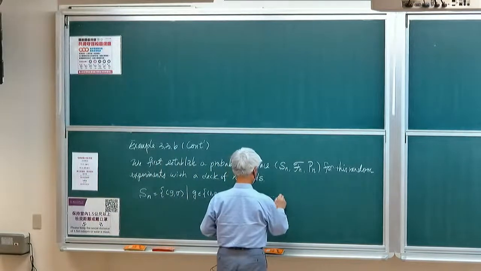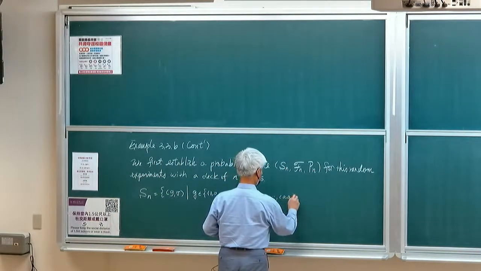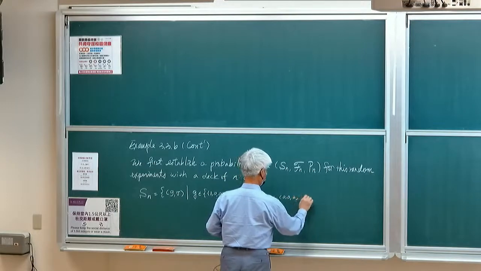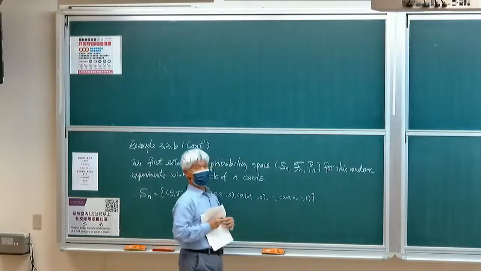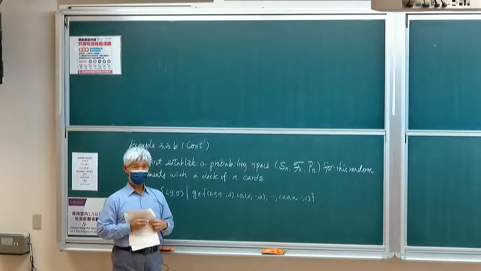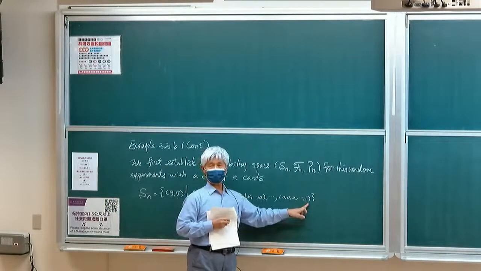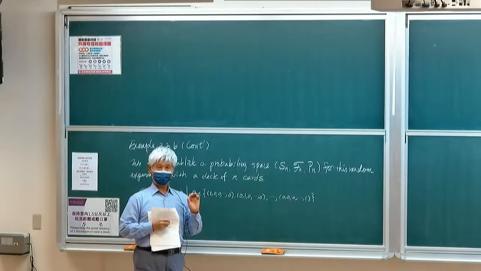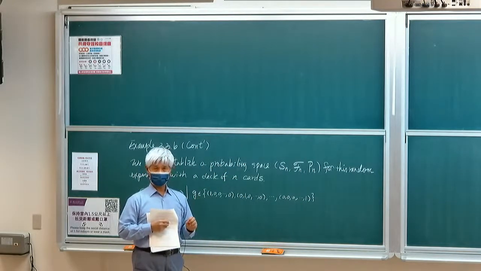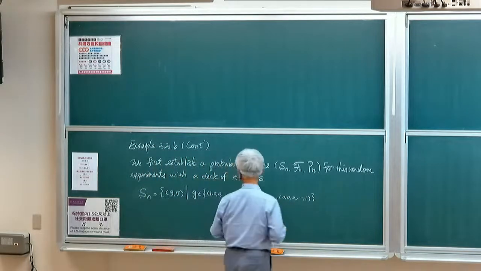Up to the last one, where the player makes no guess before any card except the last card. So 0, 0, 0, 1.